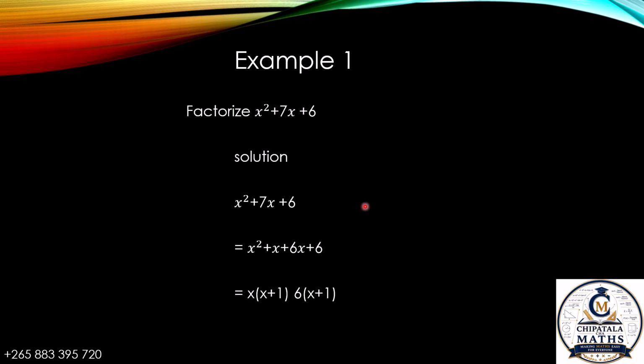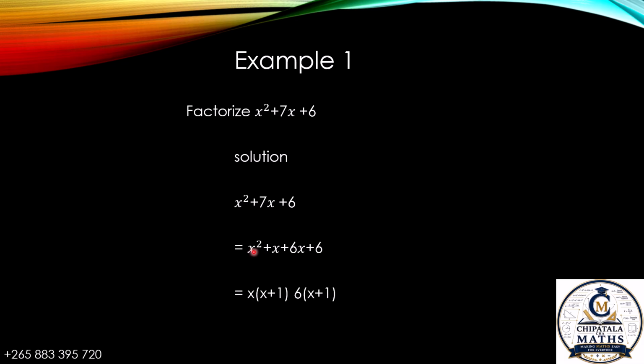When we group these numbers, we find a common factor, which is x, and when the x goes into x squared, we remain with 1x.